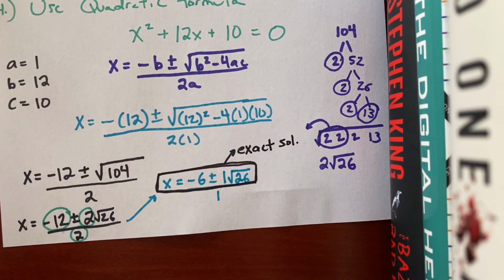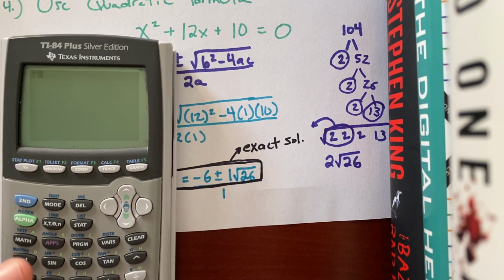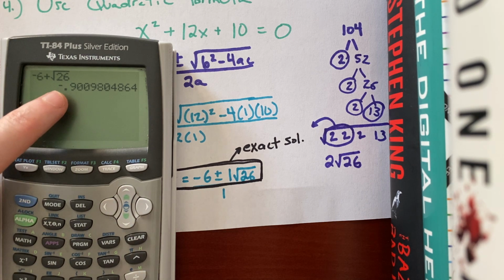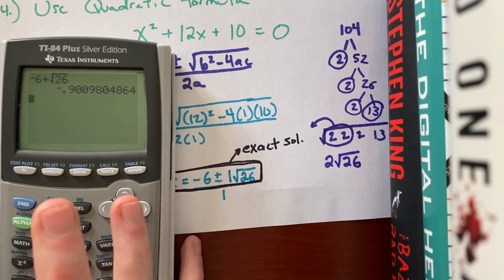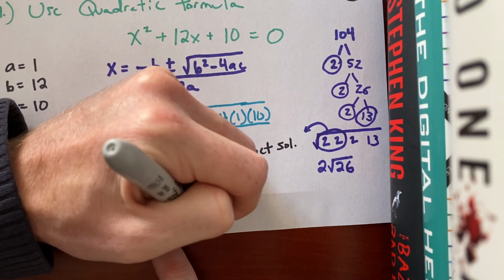If you wanted to give an approximate solution, which makes a little bit more sense for graphical reasons, I can take negative 6 plus the square root of 26. One of my approximate solutions, because I'm going to round this, is going to be negative 0.9. Let me write that down. So I'm now giving the approximate solutions.